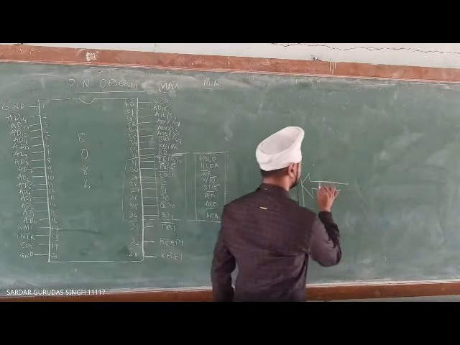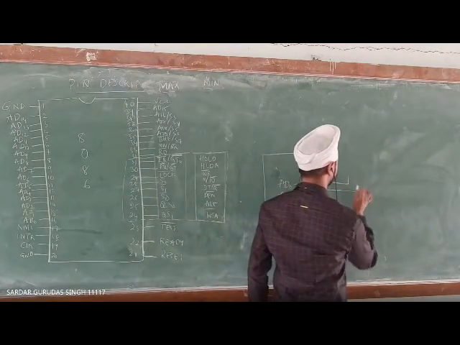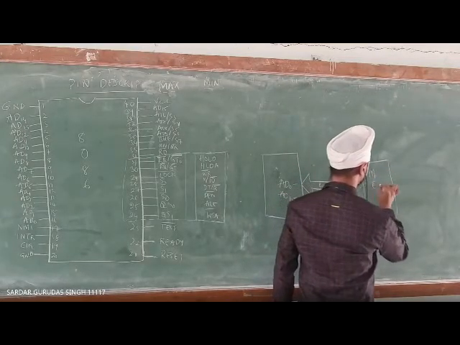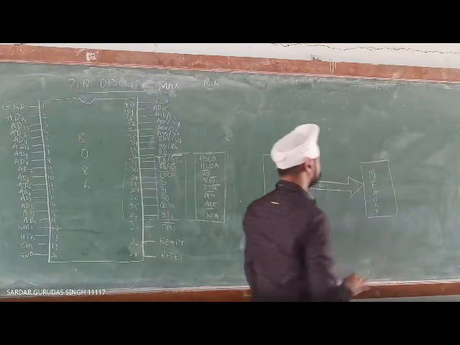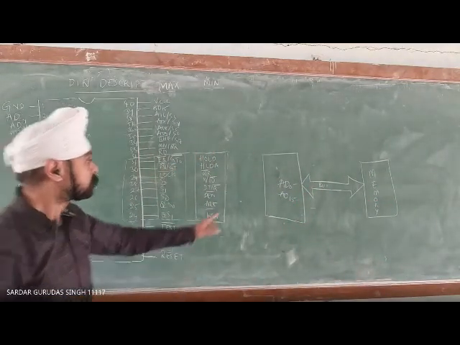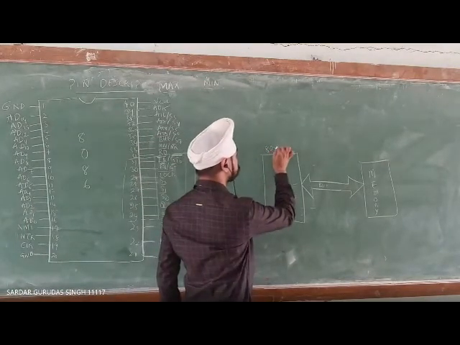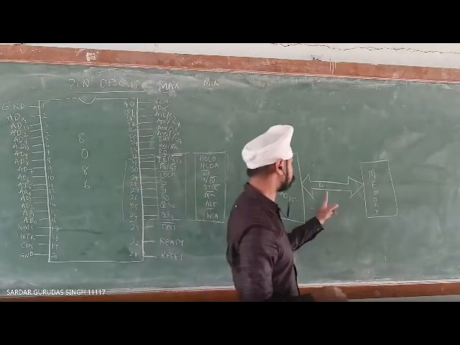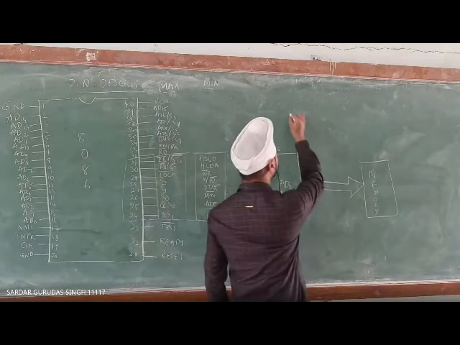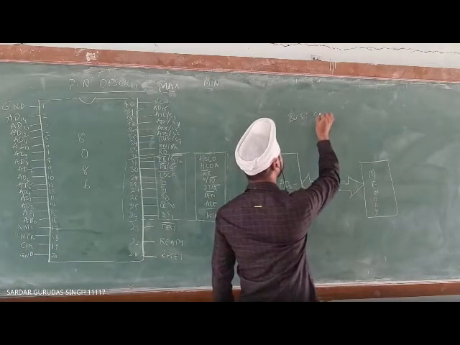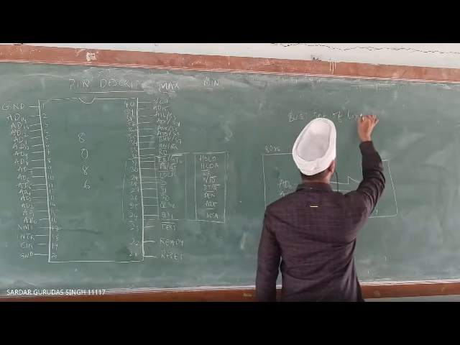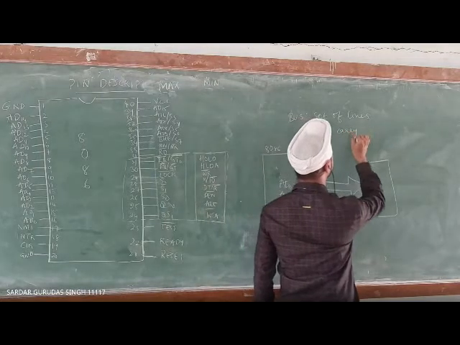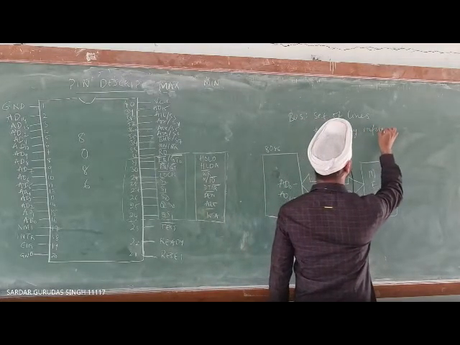This is a bus. And this is nothing but your memory. A simple interfacing diagram I am showing you. Suppose that this is your 8086 processor. Your 8086 processor is connected with the memory with the help of the bus. A bus is nothing but a set of lines that carry information.